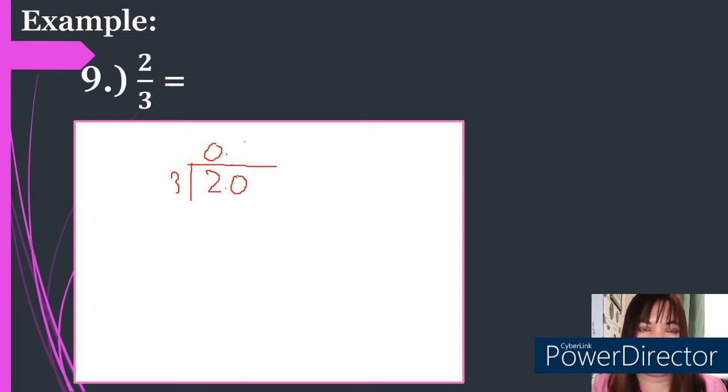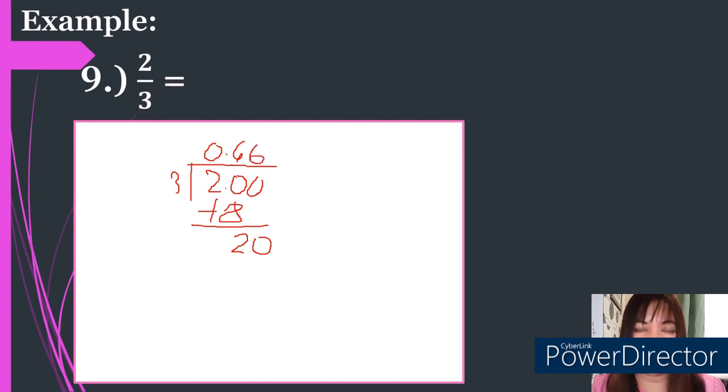So, we have 6. Okay. So, 6 times 3 equals 18. And then, subtract. We have 2. Then, add another 0 here. Okay, so again, it is 20 divided by 3. So, we have 6 ulit, no?